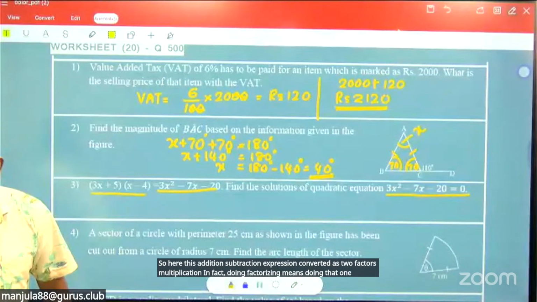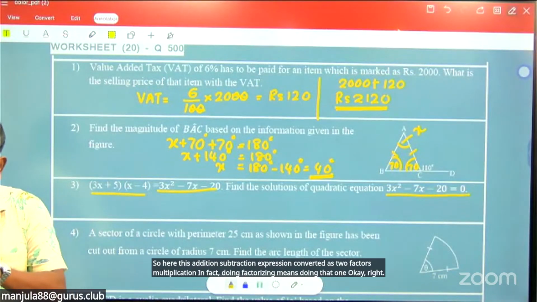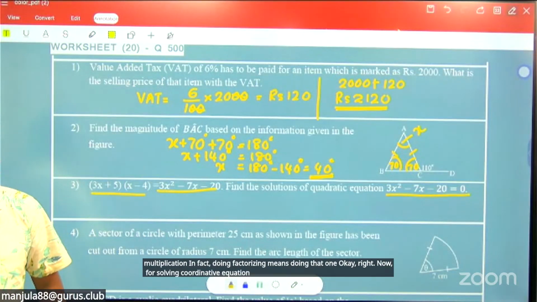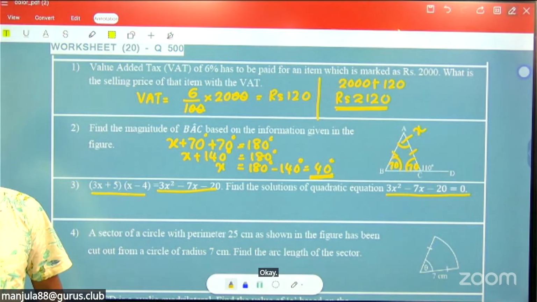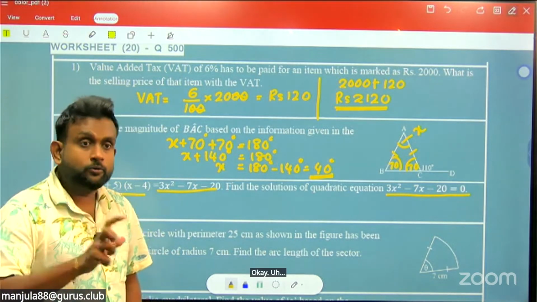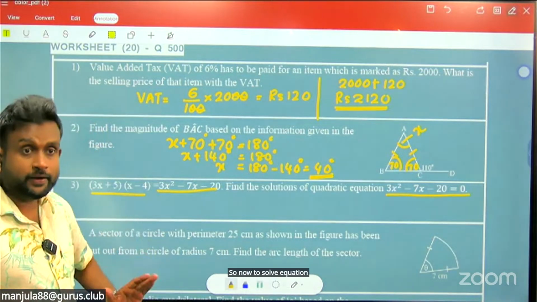Okay, right. Now for solving a quadratic equation, we need to make the equation factorized. So to solve the equation, you have to factorize.